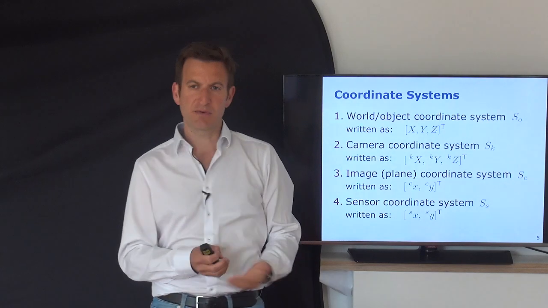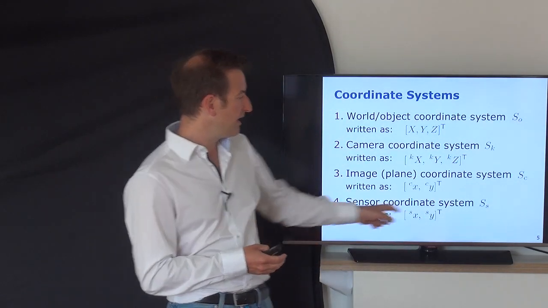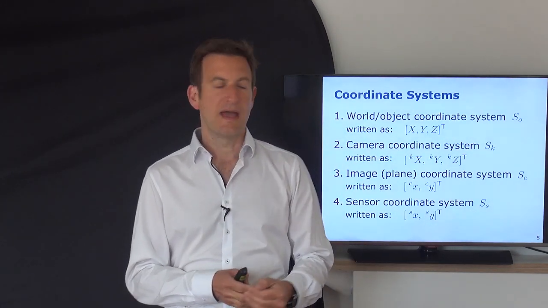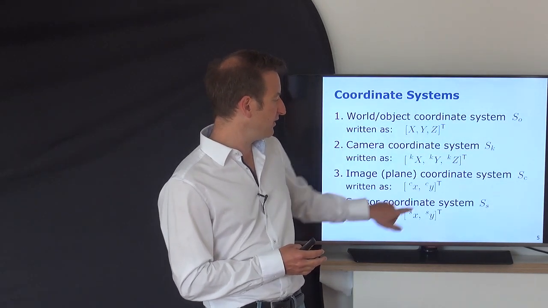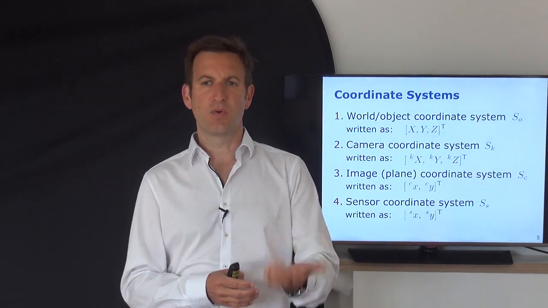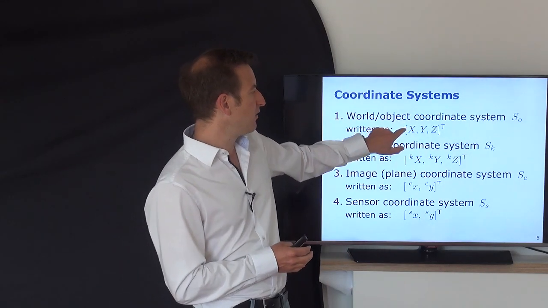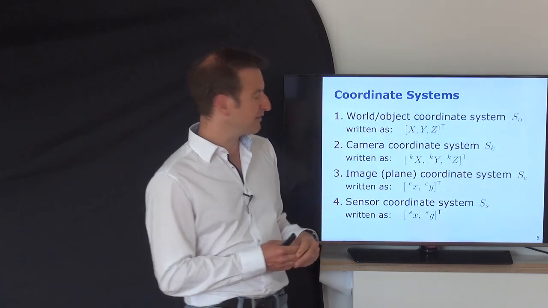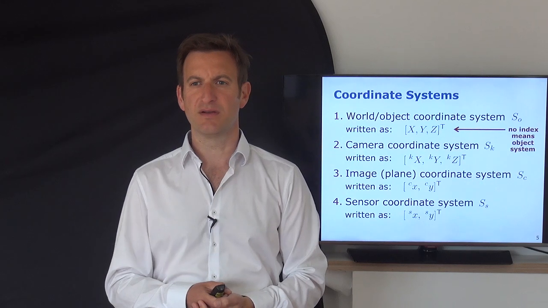SK stands for the camera coordinate system, SC for the image plane coordinate system, and SS for the sensor coordinate system. Whenever you see those small capital indices on the top left side, it expresses in which coordinate system this point is expressed. If there's no index on the left upper side, that means we're in the world or object coordinate system.